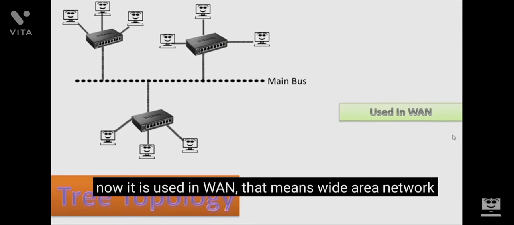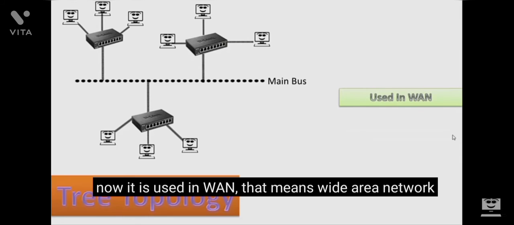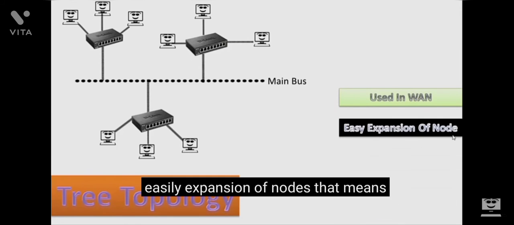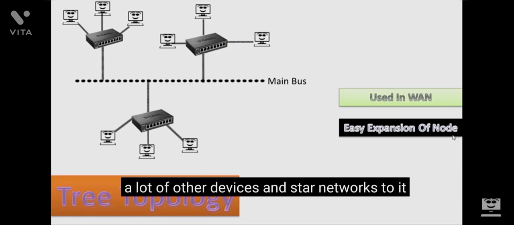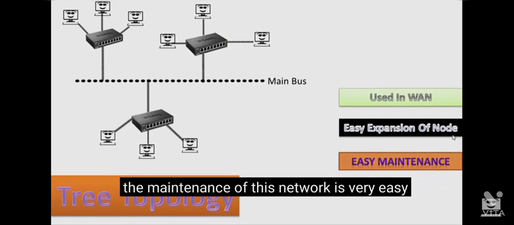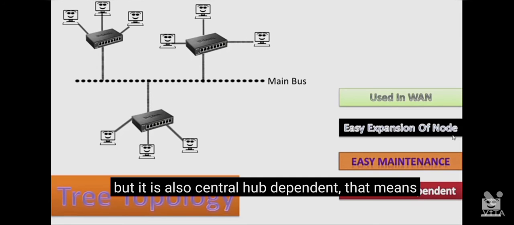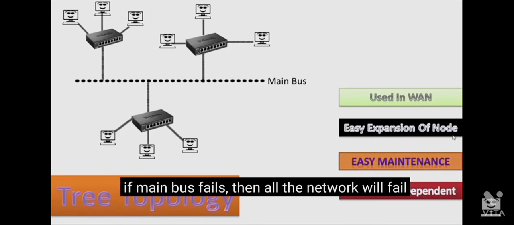Now it is used in WAN, that means wide area network, with easy expansion of nodes, that means you can easily connect a lot of other star networks to it. The maintenance of this network is very easy, but it's also central hub dependent. That means if the main bus fails, all the network will fail.